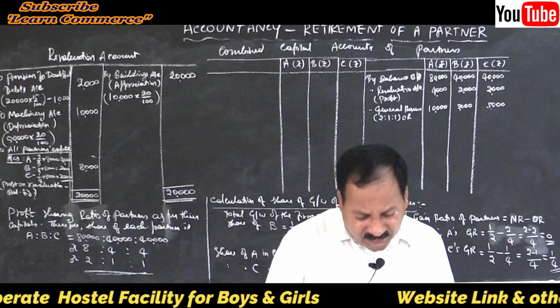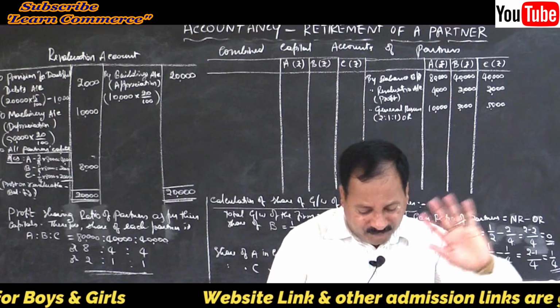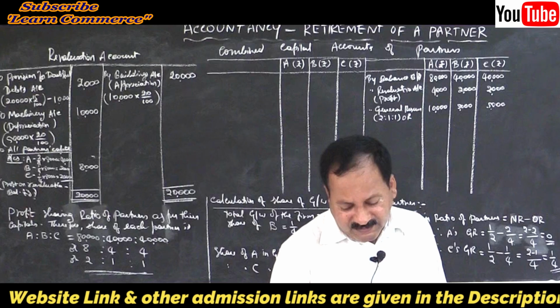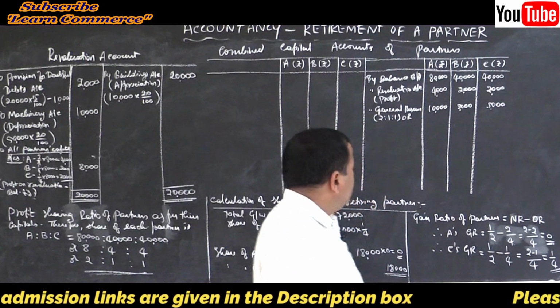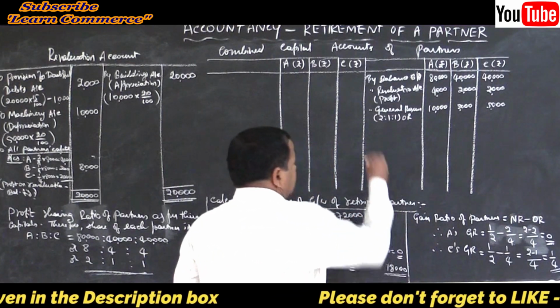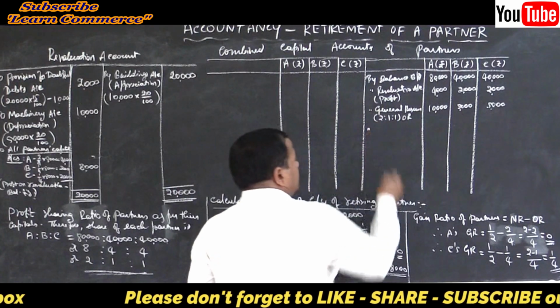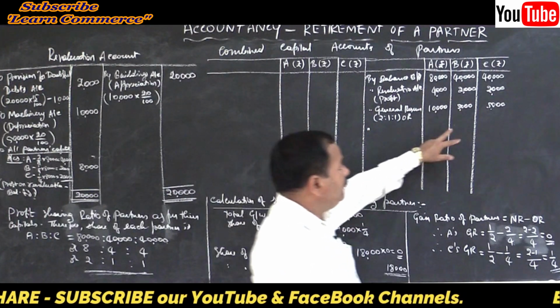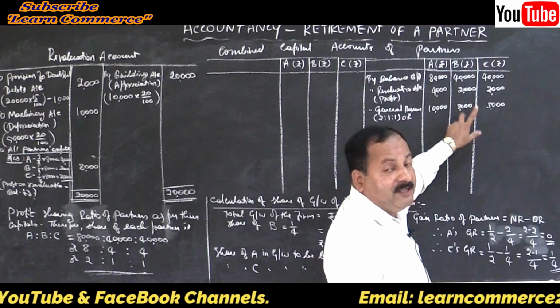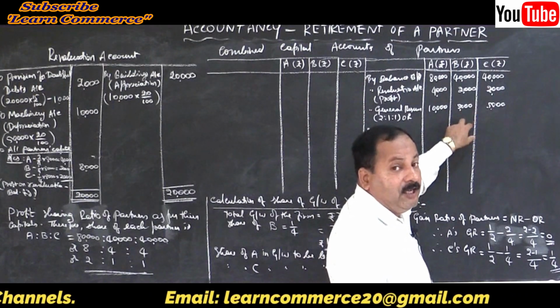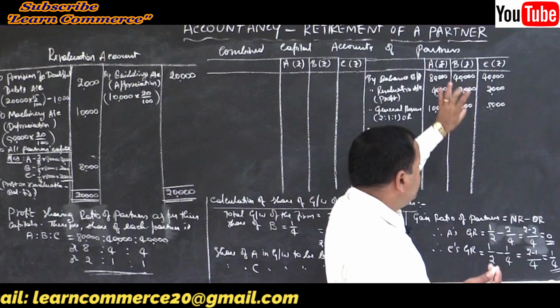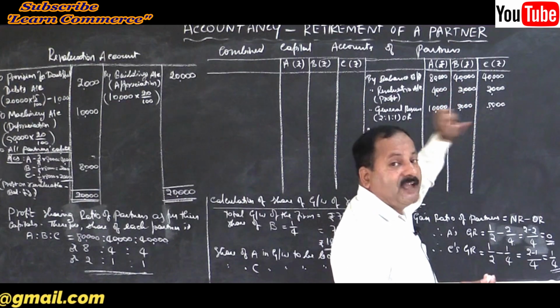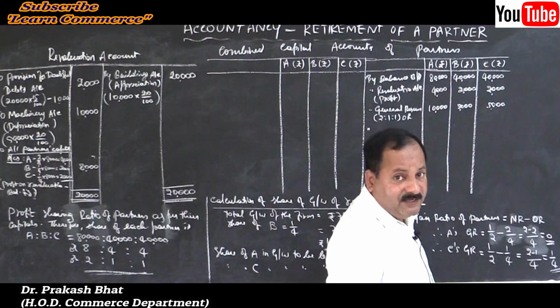Now what we have to do is, capital of the new firm should be fixed first. So 1,20,000, correct. Goodwill treatment, let us give the goodwill treatment entry. We have to credit the retiring partner. Who is the retiring partner here? Bhimu is the retiring partner. He should get the credit of goodwill, the benefit of goodwill. So when you enter on the credit side, his capital balance will increase, doesn't it?